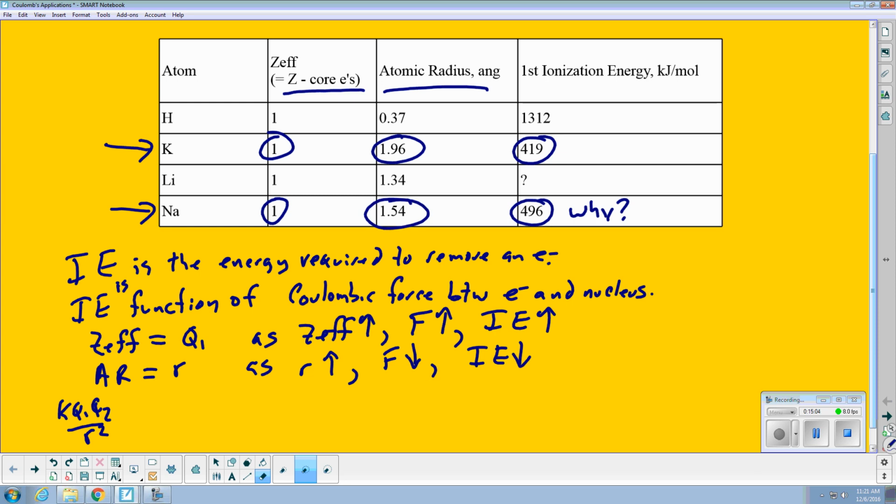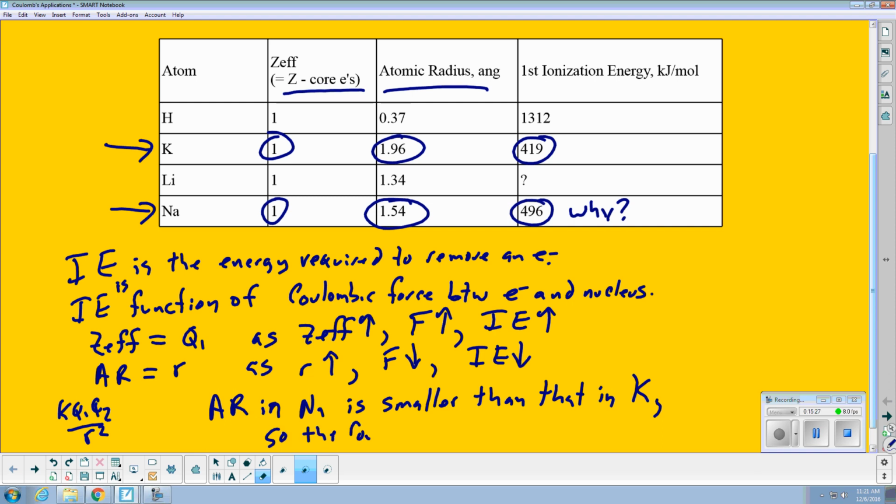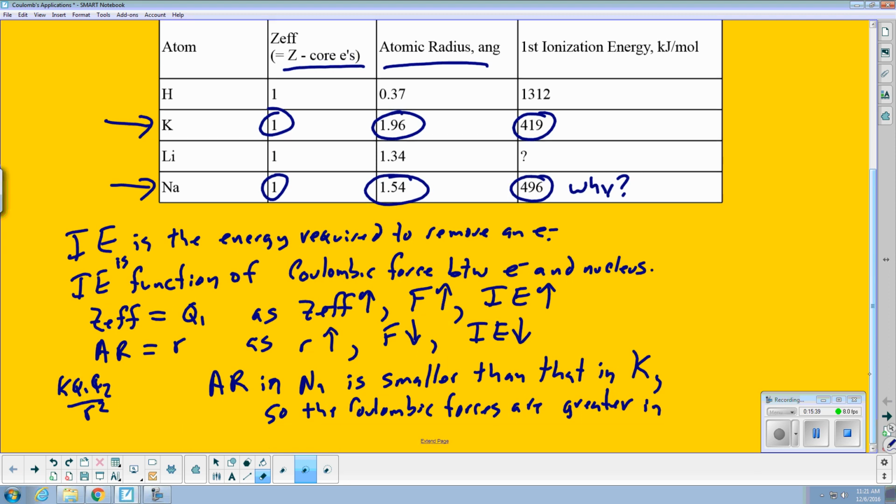So my ionization is a function of Coulombic attractions. The atomic radius in sodium is smaller than that in potassium. So the Coulombic forces are greater in sodium.